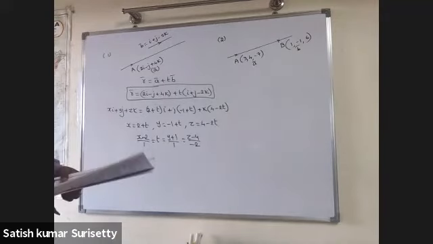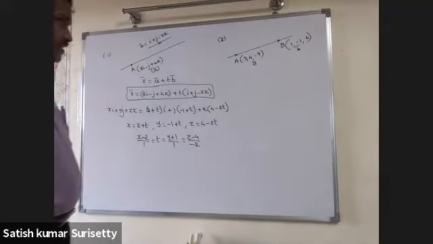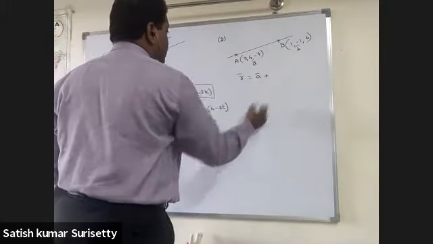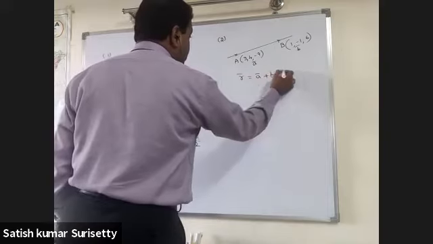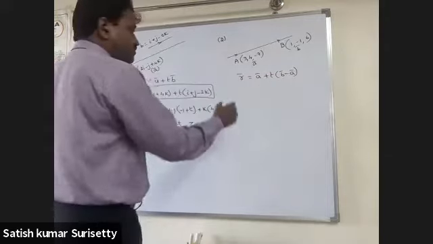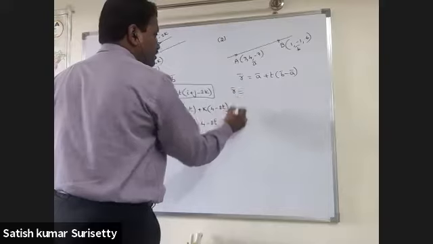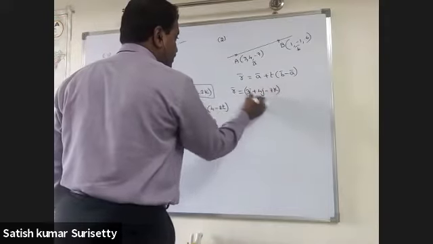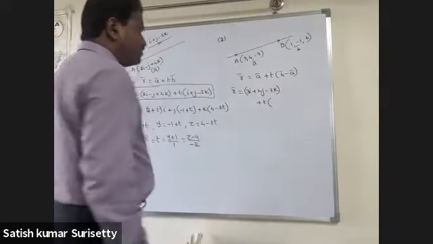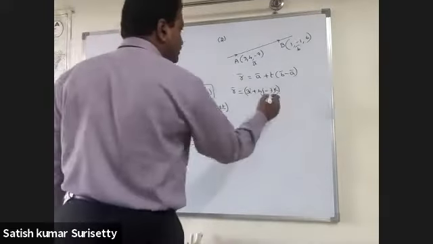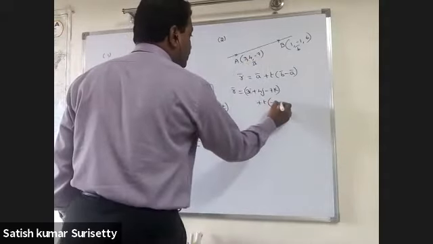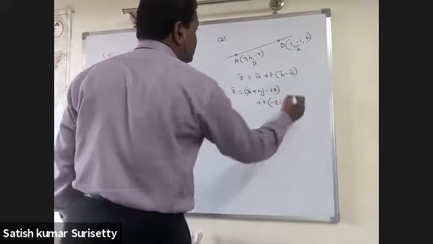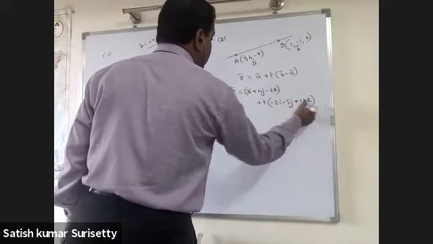So the vector equation of a line passing through 2 points a bar and b bar is r bar equal to a bar plus t into (b bar minus a bar). So r bar equal to 3i plus 4j minus 7k plus t into (b bar minus a bar), that is (1 minus 3) equal to minus 2i, (minus 1 minus 4) equal to minus 5j, plus 13k.